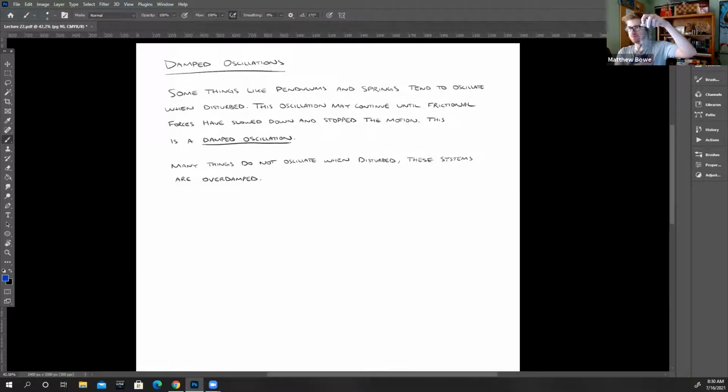It will start to oscillate. Eventually it will get damped and slow down. So it's fairly slow now. You see how it's oscillating for a little bit right here. A lot of things don't even oscillate that much.